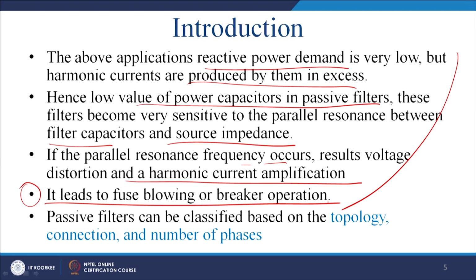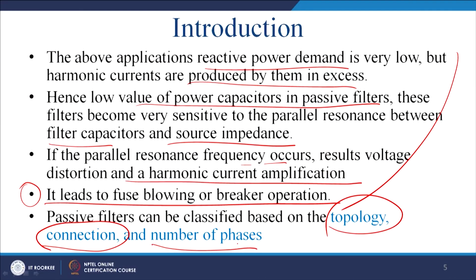Thus, generally nowadays we use hybrid filters instead of passive filters. Now, this is a classification of the passive filters. Passive filters can be classified based on the topology. Topology means how you connect it, it can be single tuned, double tuned and so on.